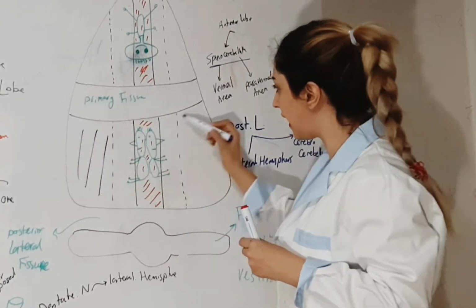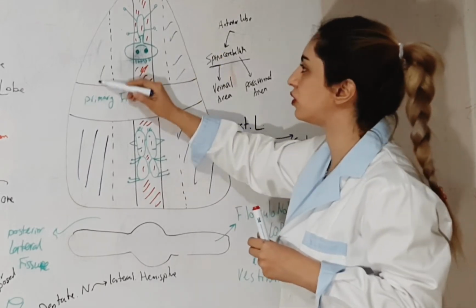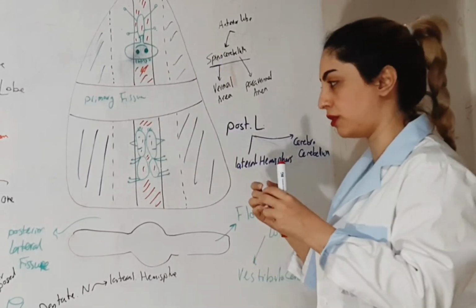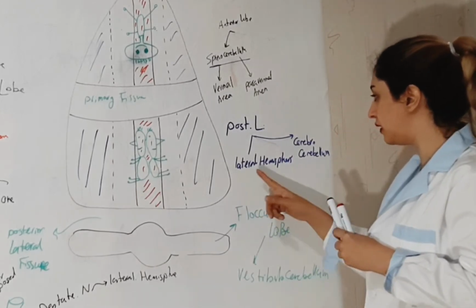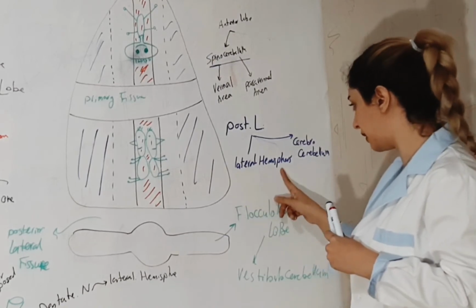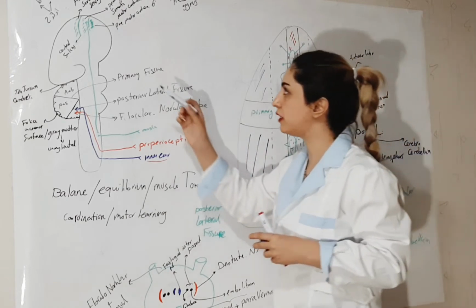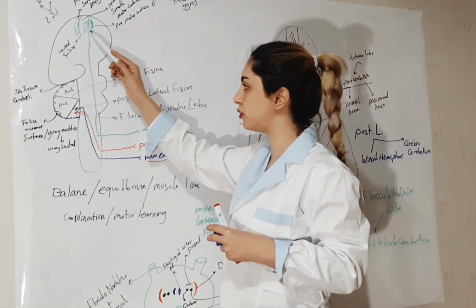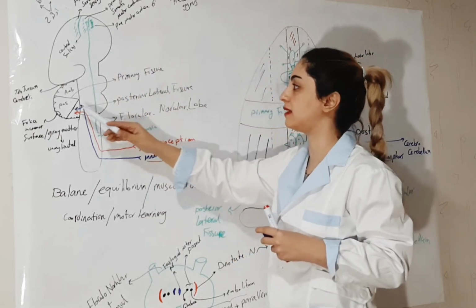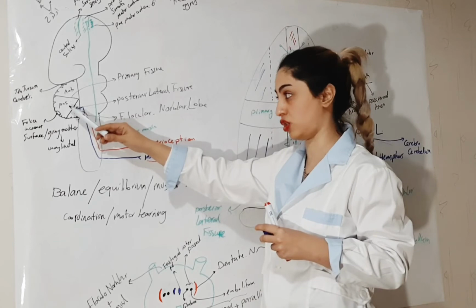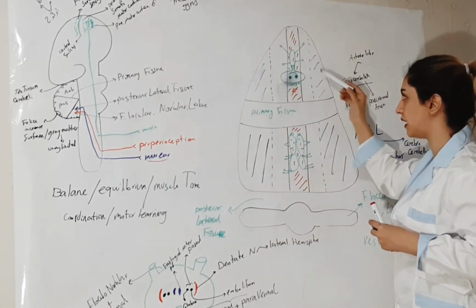And in here, as I'm coloring it in blue, this is the posterior lobe. Functional anatomy, posterior lobe. What do I mean? The posterior lobe consists of the lateral hemisphere and also the cerebrocerebellum. I mean that there is some information from the cerebrocerebellum which comes into the posterior lobe, and the functional anatomy says that the lateral hemispheres will receive information from the cerebrum.